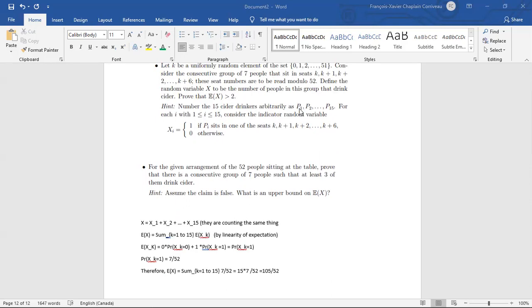So what I did is I looked at each cider drinker and I defined an indicator variable for each of them. If I'm a cider drinker and I sat in one of these chairs, I'm worth 1. Otherwise, I'm worth 0. So the probability that one specific person sits in one of these 7 chairs is 7 over 52, because I have 7 chairs that I care about over 52 chairs that I could have sat in.